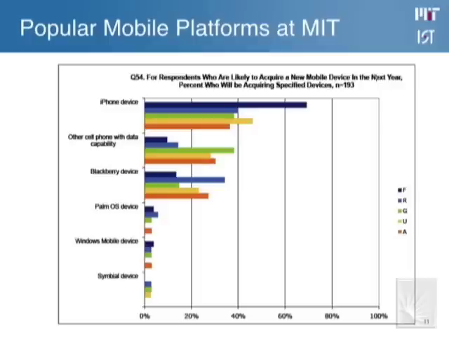And the number one by far was an iPhone. Faculty members especially, close to 70%, expressed interest in getting that. And the third block here is a BlackBerry. If you combine those two, that represents close to 80% of each demographic saying they want either an iPhone or a BlackBerry.